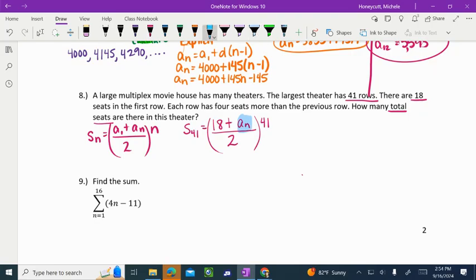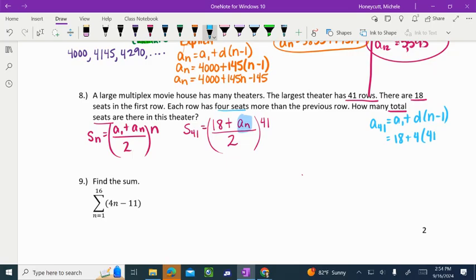So I'm going to come over to the side and find out how many seats there are in the 41st row. I'll take A sub 41, and I'm going to use the explicit formula, which is A1 plus the common difference times n minus 1. But this time I know which row I'm on, the 41st row. The first term was 18. Each row has 4 more seats, so the common difference is 4.